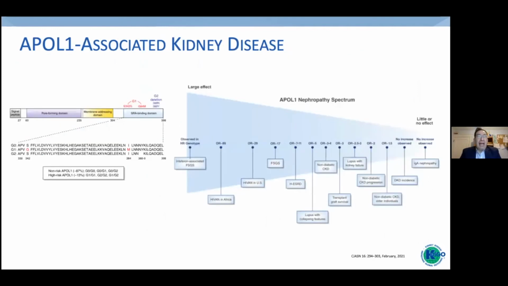So back to APOL1 associated kidney disease. I think as most people know, APOL1 confers a very increased risk of various forms of kidney disease, various forms defined by historical phenotype definitions.